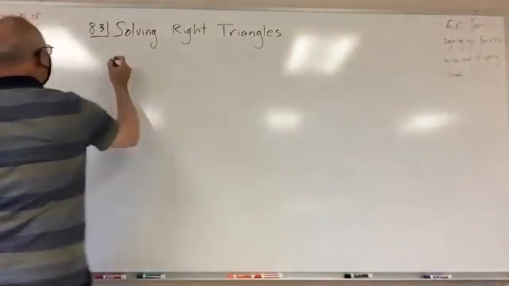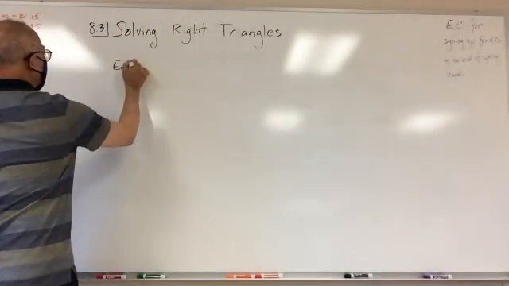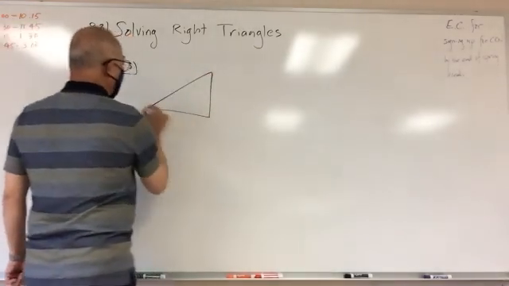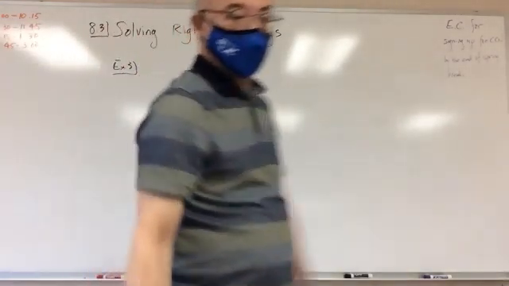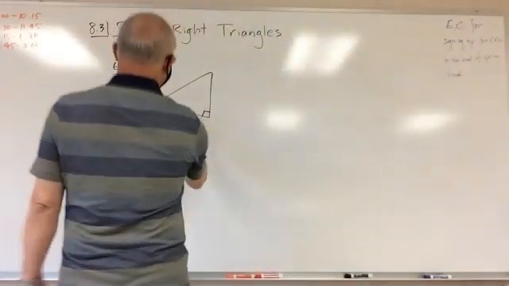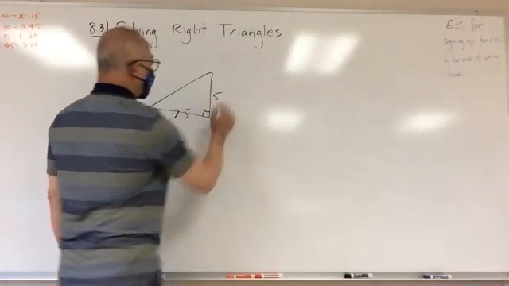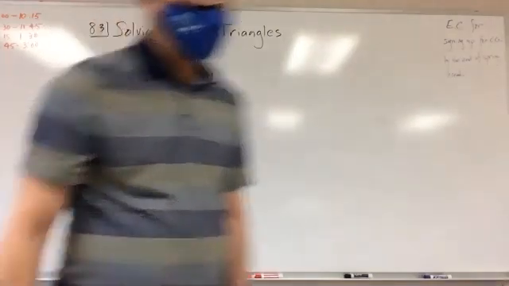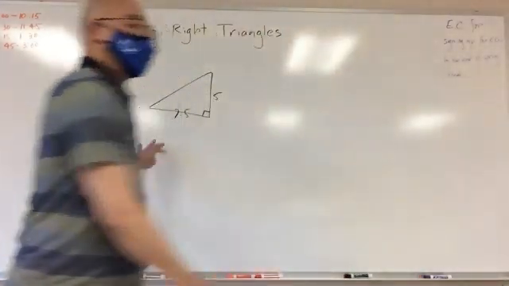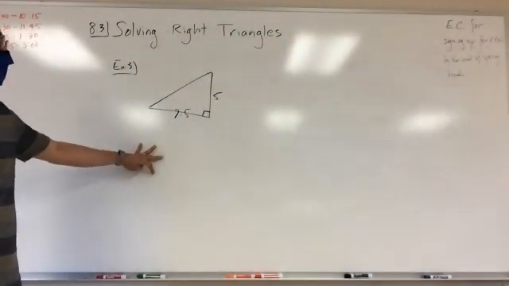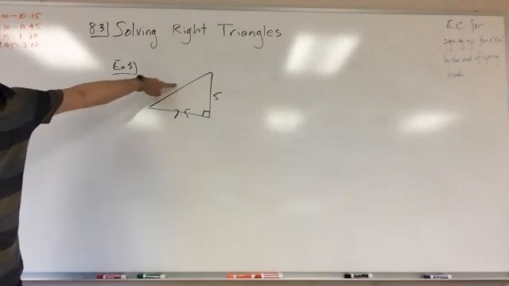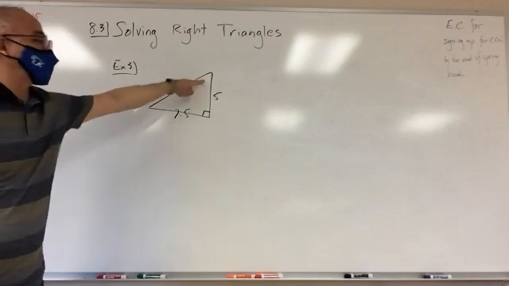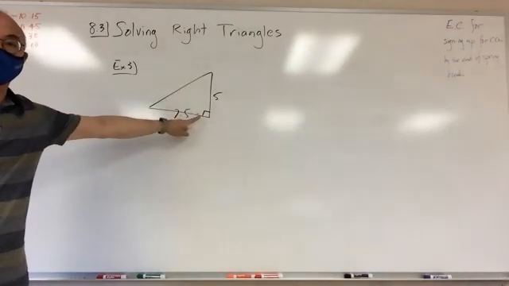Example number 3: I have a triangle with legs 7.5 and 5, and I can ask you to solve the right triangle. What does that mean? I need to find the hypotenuse, because I don't have it, and I need to find these 2 angles. I know this angle, it's 90 degrees.